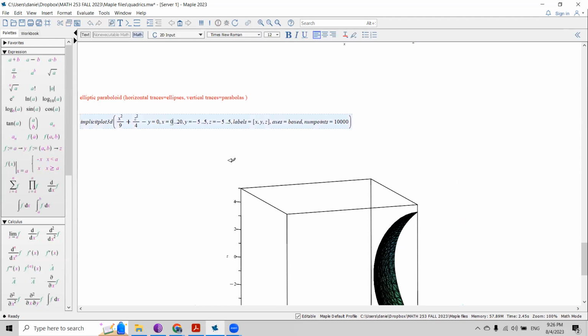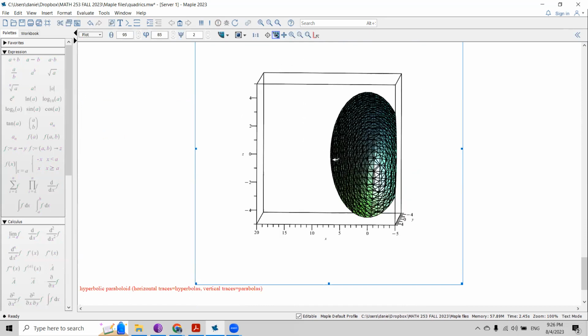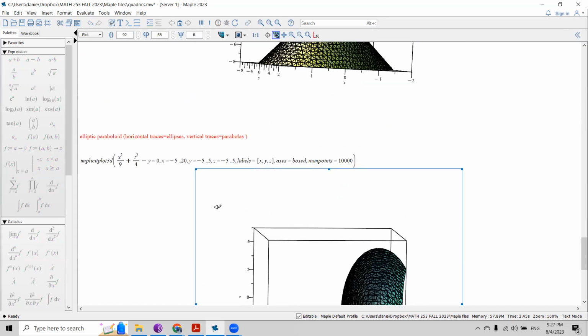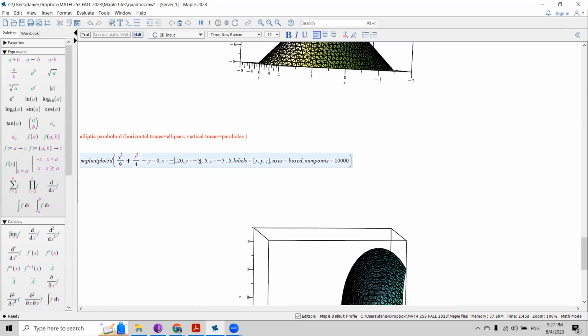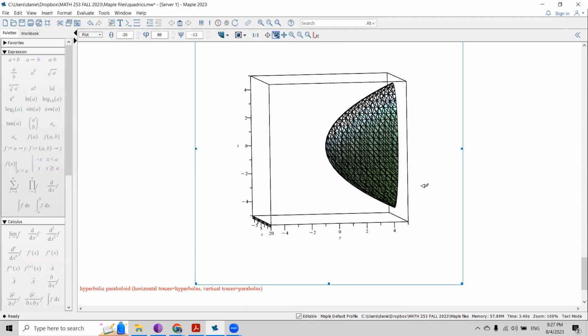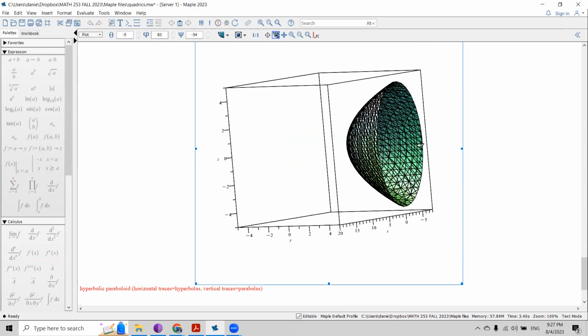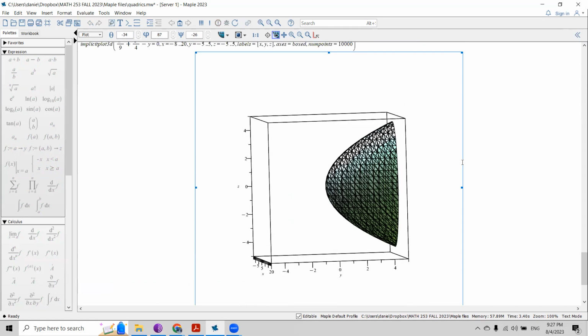No. Let me see if I can. Sometimes it's not that easy. I mean, it is possible. Yeah, I think that's good enough. So I can see it better, without any cuts, right? So paraboloid along the y-axis, open along the positive y-axis.